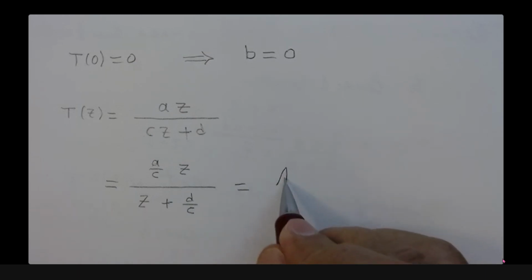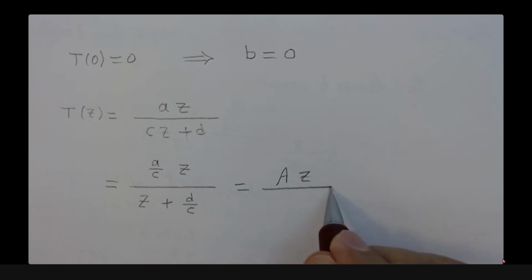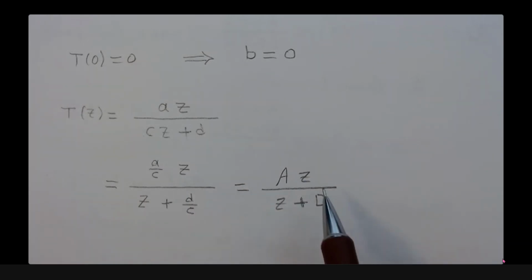I say AZ divided by Z plus D. All right. So far, I have found that the function that I'm looking for looks like this.